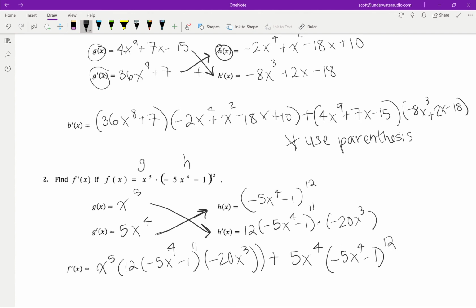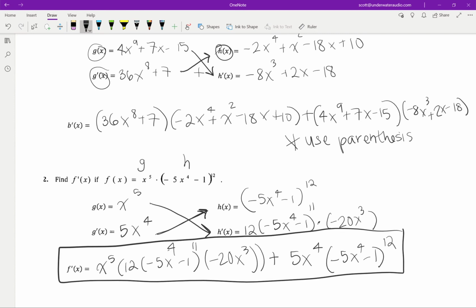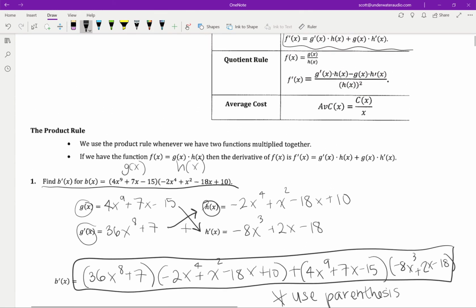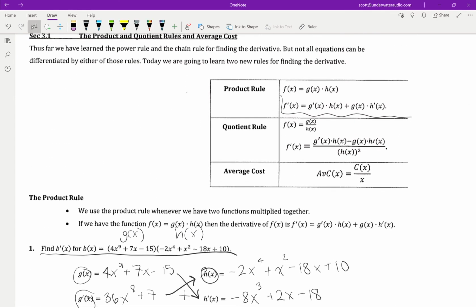Okay, so there's one other thing that I wanted to say, because you're going to do some group work involving this, and there's this thing that happens that really confuses people, and I'm hoping to combat that. So up here, this is the product rule, g prime times h plus g times h prime. This would be exactly the same thing as if we did g times h prime plus h times g prime. The point that I'm getting at is that you don't have to do g prime first.